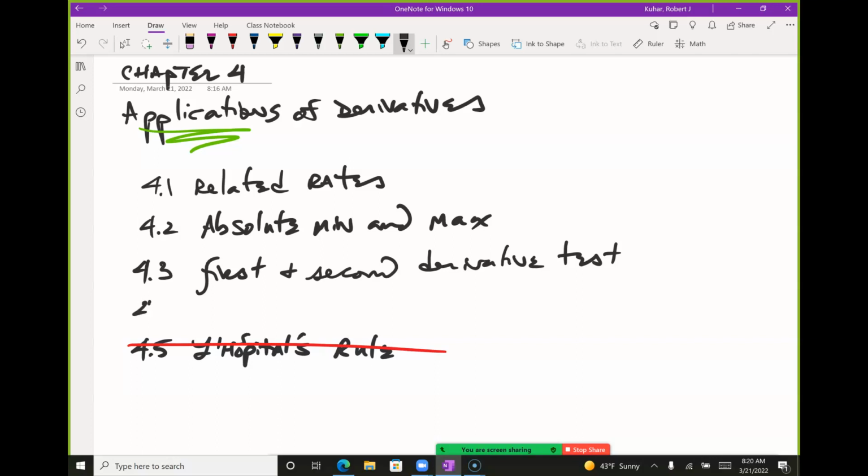So I'm not going to bother doing the graphing because, well, it's supposed to be us graphing everything without a calculator.